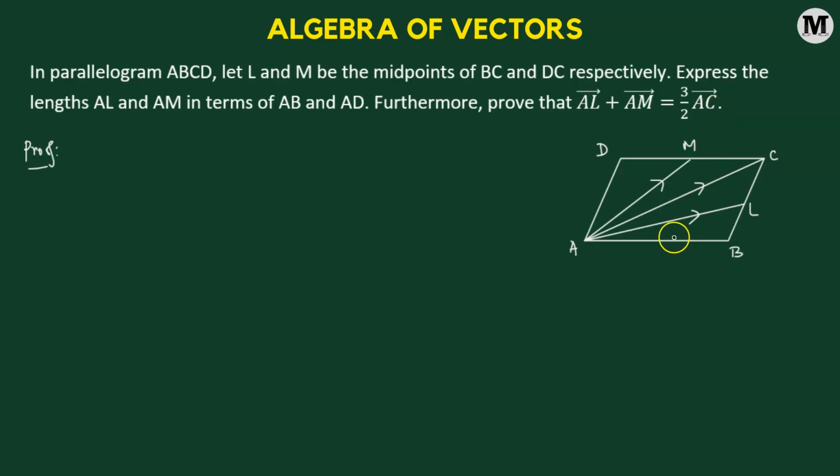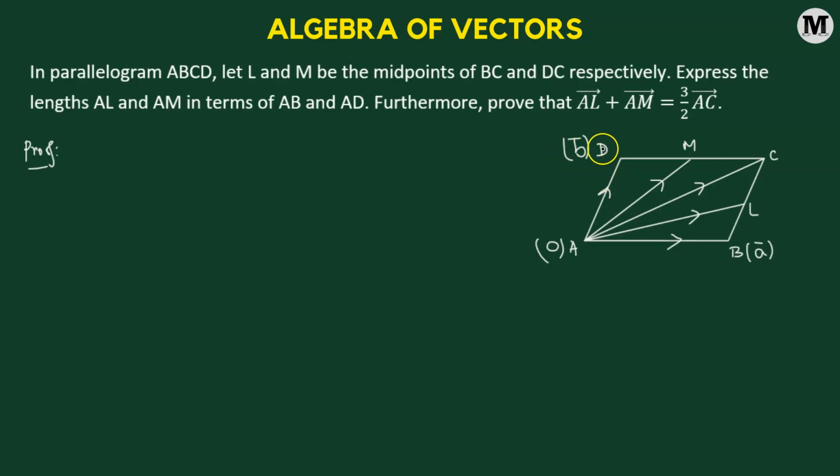Okay, so first we'll consider AB vector and AD vector, and we will suppose that A corresponds to the origin. Then B corresponds to the vector a. So this is the position vector of the vertex B with respect to the origin A, and D corresponds to the vector b.